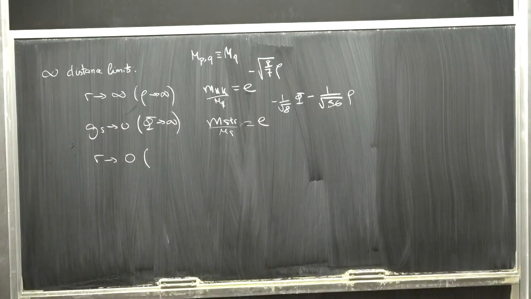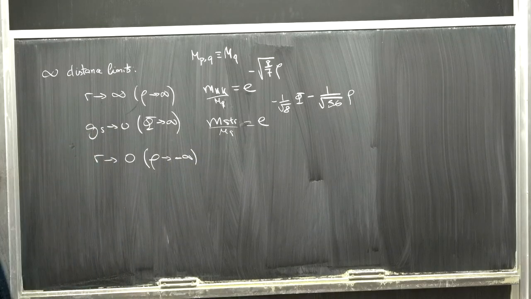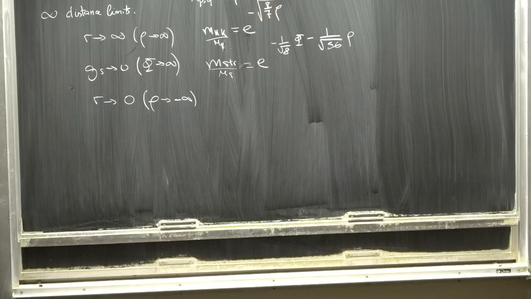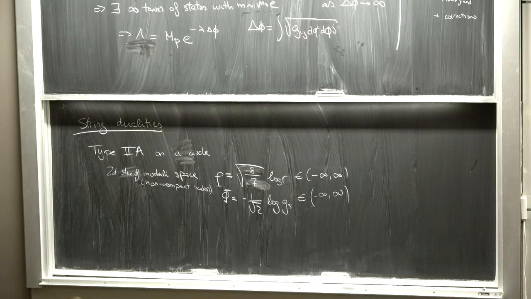Rho goes to minus infinity. Since R, the radius, and GS are defined from 0 to infinity, this is defined from minus infinity to infinity, right? It's a scalar field that lives in the real line. So we have the two infinite distance limits.